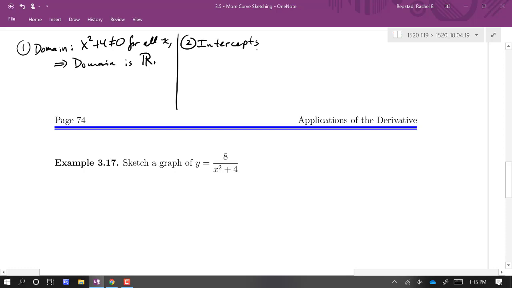Is 0 a real number? Yeah, we can plug that in. There's no problem plugging in 0. 0 is in the domain, so for the y-intercept, we set x equal to 0, and we get y equal to 8 over 4, which is 2. So that means that (0, 2) is the y-intercept.